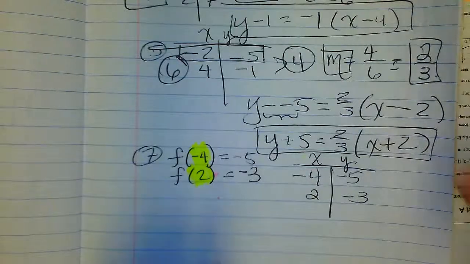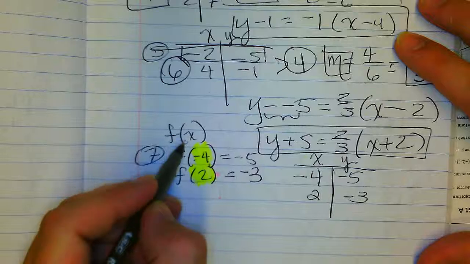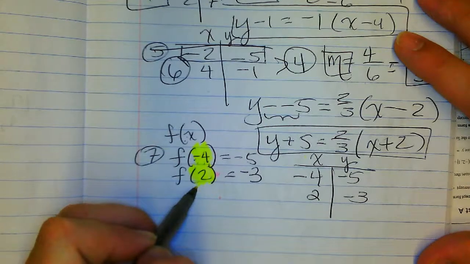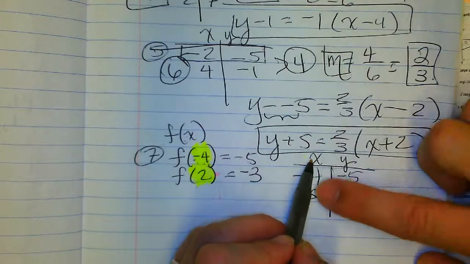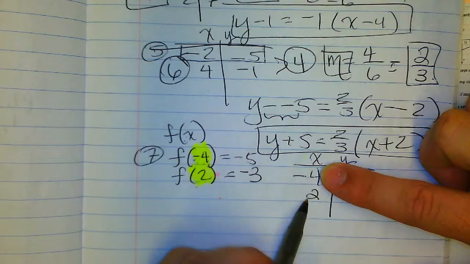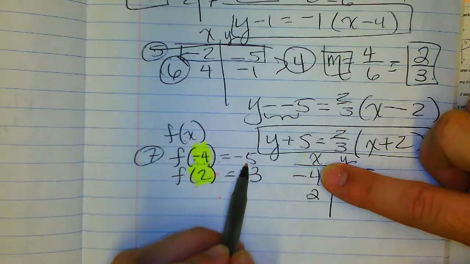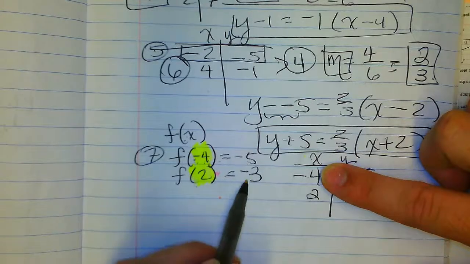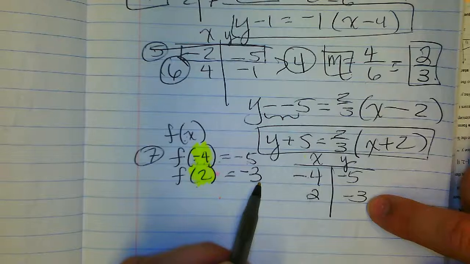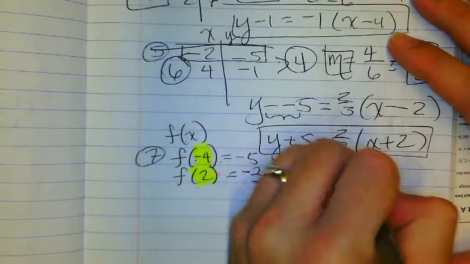And I knew that was going to be my x because normally we see f of x. So in this case, x has been replaced, substitute x with -4 and 2. So x is here. So here is my -4 and my 2. And then it says y equals -5 or -3. So here y puts a -5 or puts a -3. Here, in y. All right, the difference.